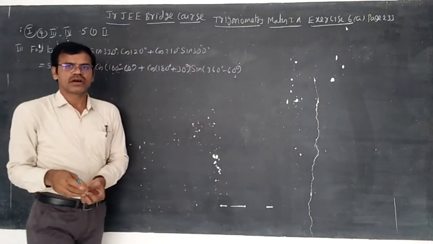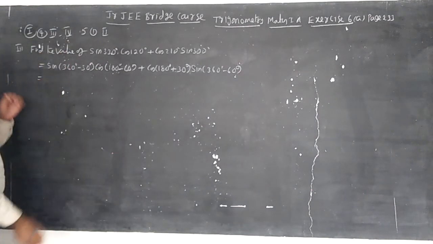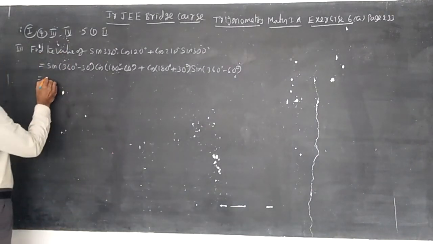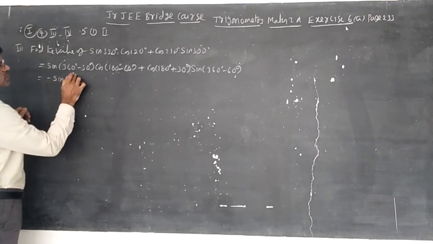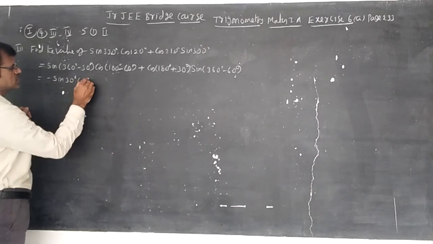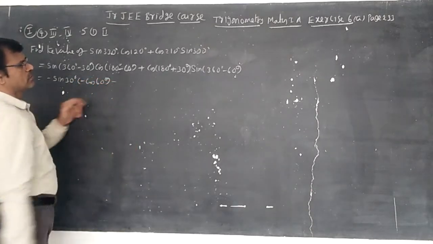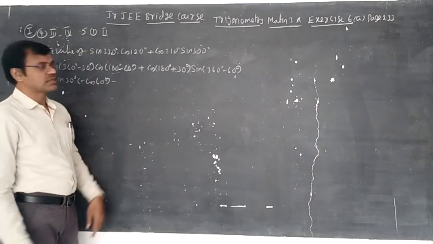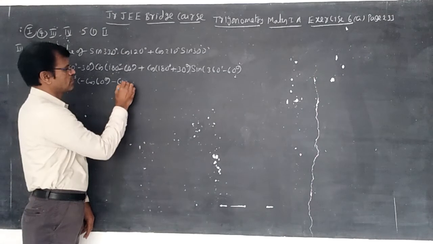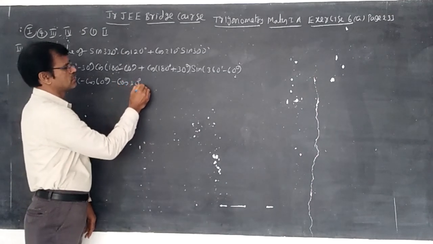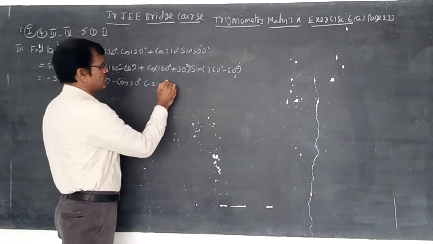We should find the unknown value from the known value. Sin of 360 minus theta is minus sin theta, so this is minus sin 30 degrees into cos of 180 minus theta, which is minus cos theta, so minus cos 60. Cos of 180 plus theta means minus cos theta, so minus cos 30 degrees into sin of 360 minus 60, minus sin 60.